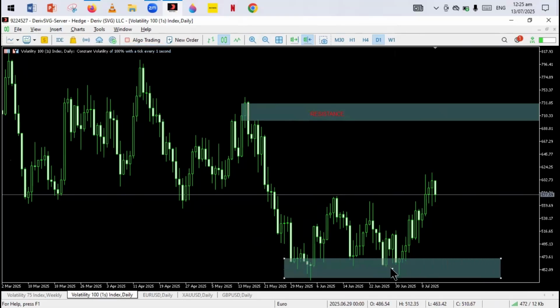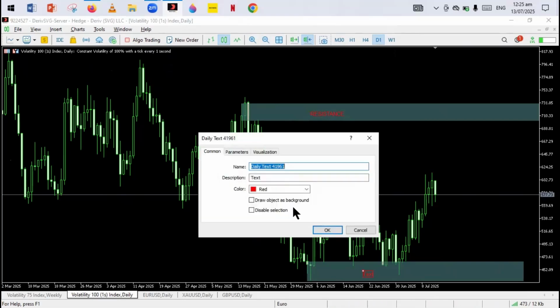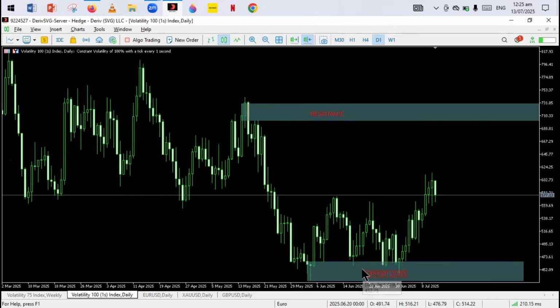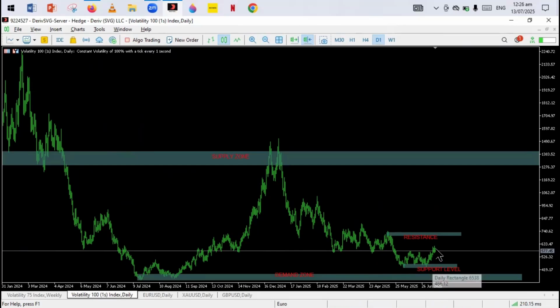Price is finding a support at this level. This support level is the support that is holding price from coming to our demand.